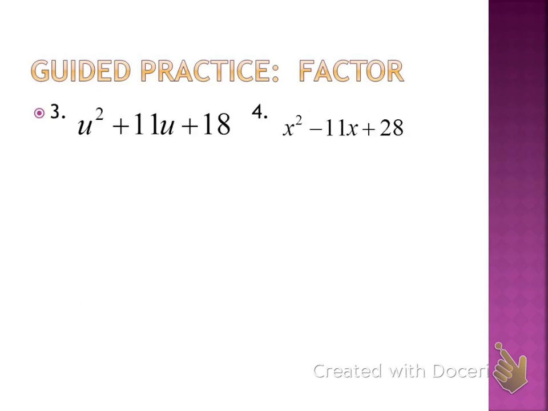All right, on our next one. Lexi, can you help me set up my X? 18 on the top, 4 on the bottom. Perfect. They're both positive. We are multiplying to 18, adding to 11. Jamarl, did you find the 2 numbers I need?